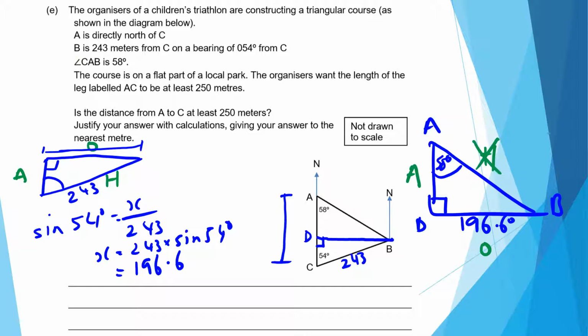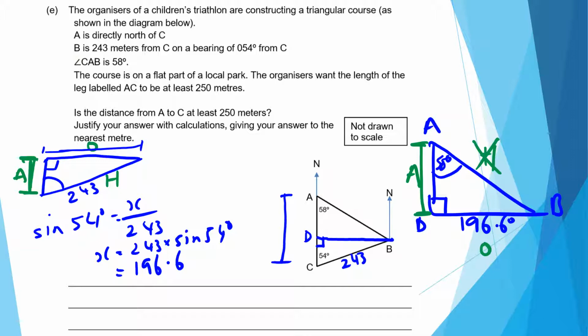This time we're really interested in working out the adjacent length, this bit here, because it's part of AC. So if we calculate that length using trigonometry and using tan, and if we come back over to our original triangle and calculate that length there, and then add the two together, that's going to tell us how long AC is. And we can work out if it's at least 250 meters.